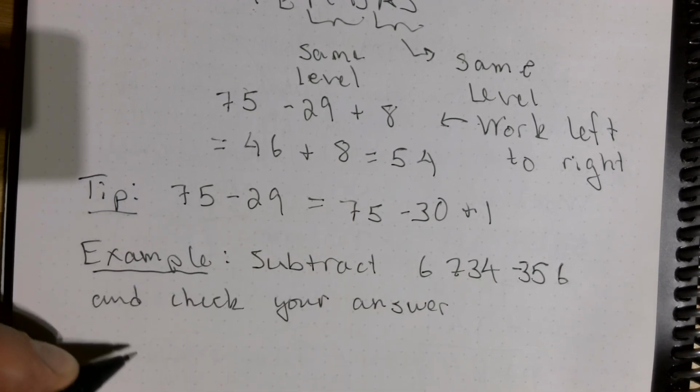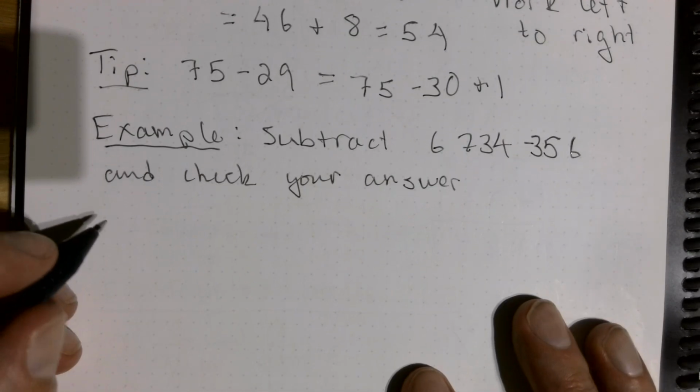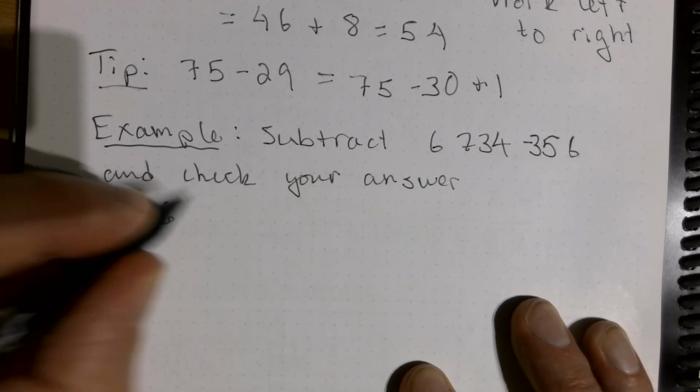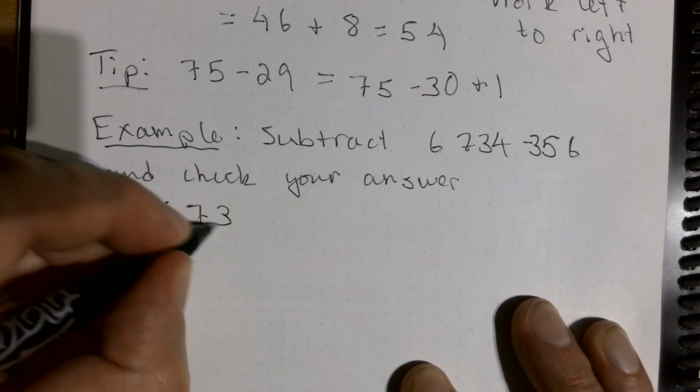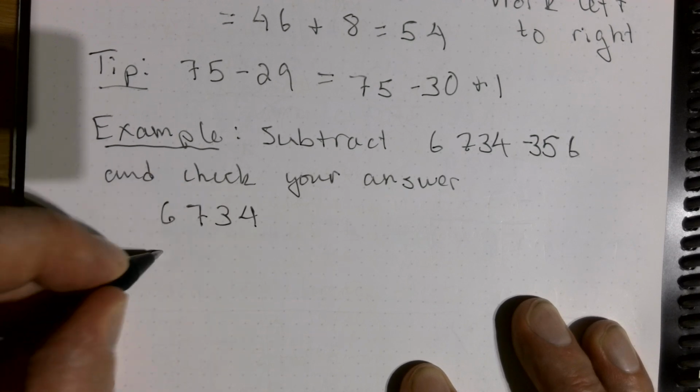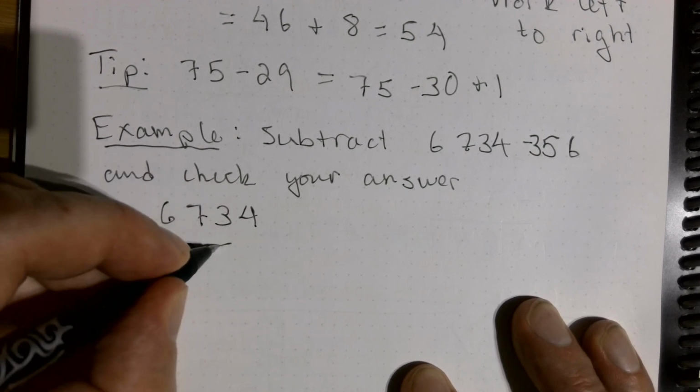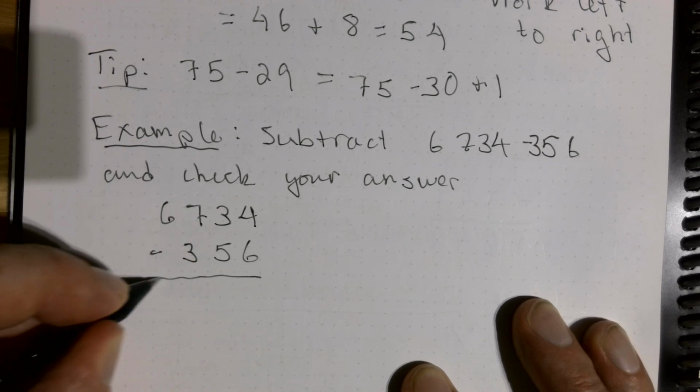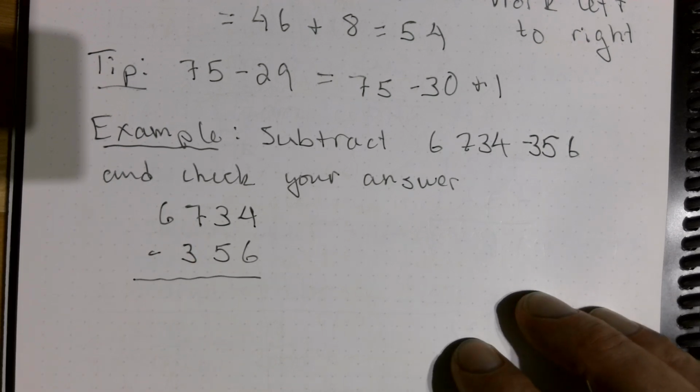I'll do this using the vertical method. As I mentioned, horizontal arrangement of the problem is only good when you have small numbers. I would probably say maximum 2-digit numbers.